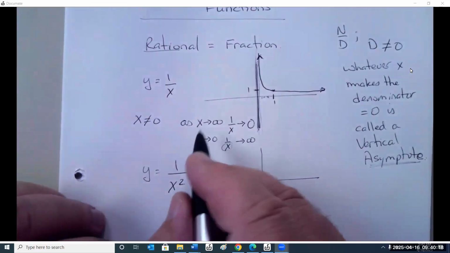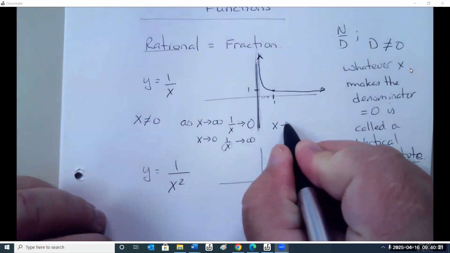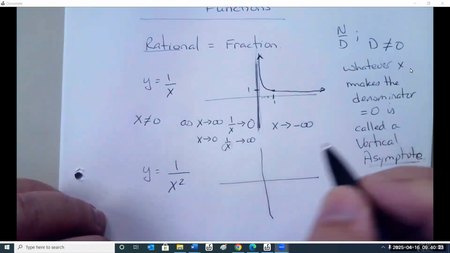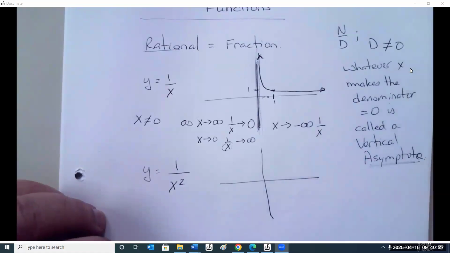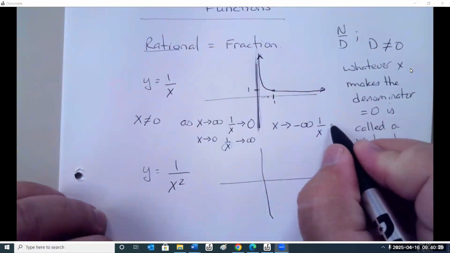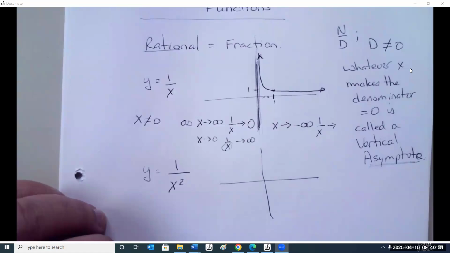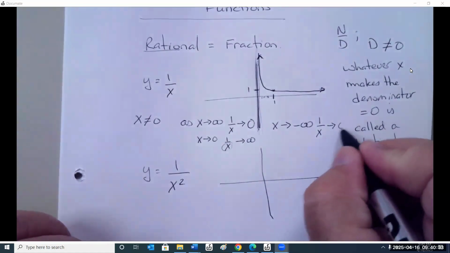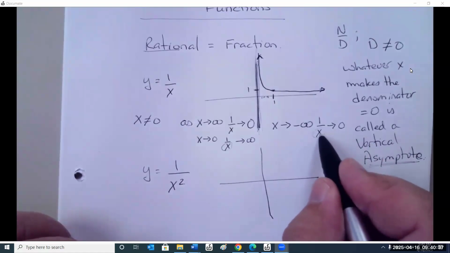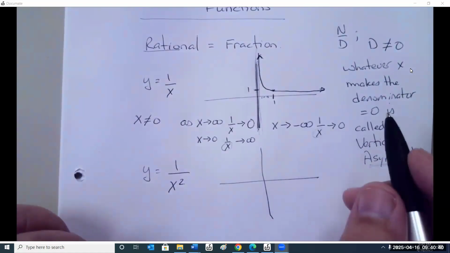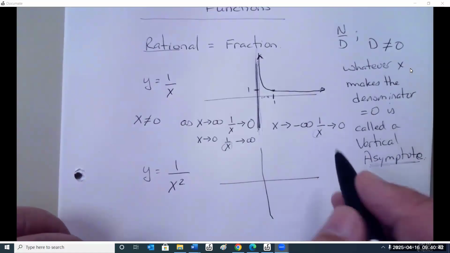What about when x goes to negative infinity? Where does 1 over x go to? It still goes to 0. Because as these numbers get bigger and bigger, it just becomes negative, but it still gets closer to 0.